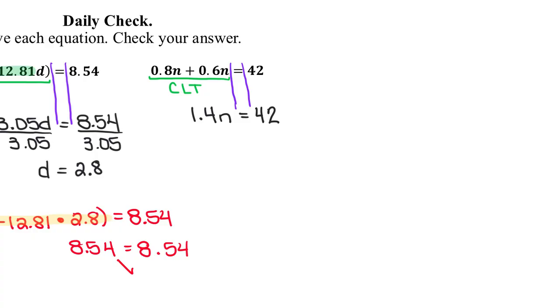What's our next step? Divide by 1.4. And n ends up being, well, we think it ends up being equal to 30. And we're going to check this by plugging 30 back in.